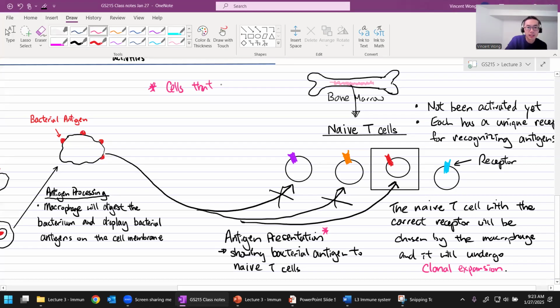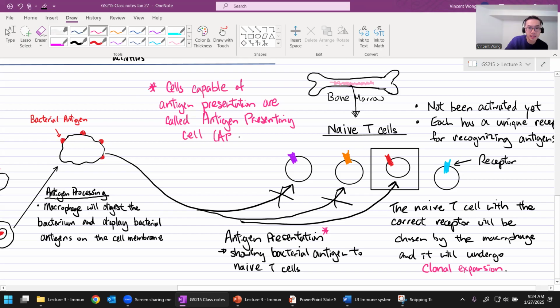Cells capable of antigen presentation are called antigen presenting cells, okay, or APC.